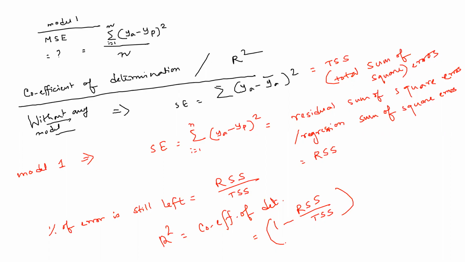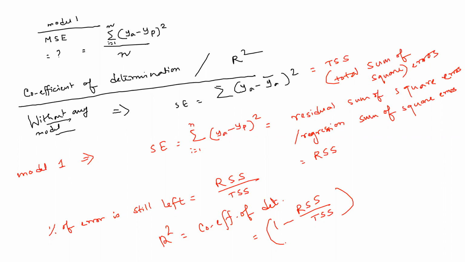When you are subtracting from 1, is it the probability which we are finding, sir? No, understand this, it's not probability. TSS is the total, maximum error that you can make. RSS is the error that you have made.